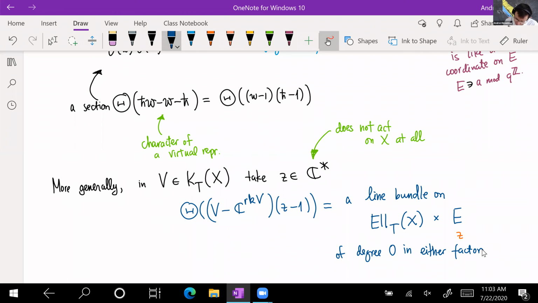So, okay, this makes sense. And so this is a very general way to produce line bundles of degree 0. In fact, I don't know a more general geometric way to produce line bundles of degree 0. So maybe we'll call it U of V Z.